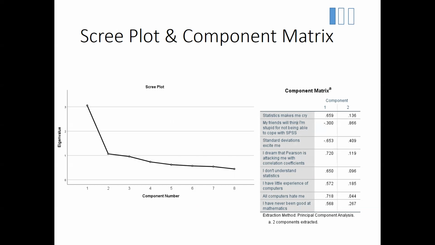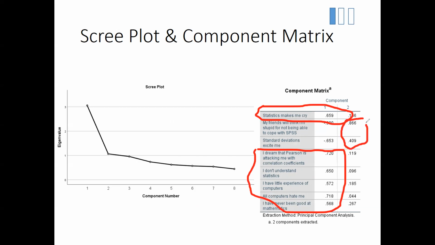So in component 1, statistics stress, the 6 questions that have high numbers, those are all statistics stress indicators. And so they have higher variance numbers, right? But then under the component 2 column, that's more about social or computer anxiety or something. And so those have the better numbers over there.